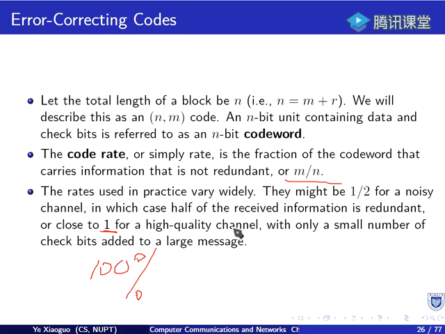Or if it is a satellite link or wireless link, it is a noisy channel, so the rate might be 1/2, 50%, or even worse, below this.